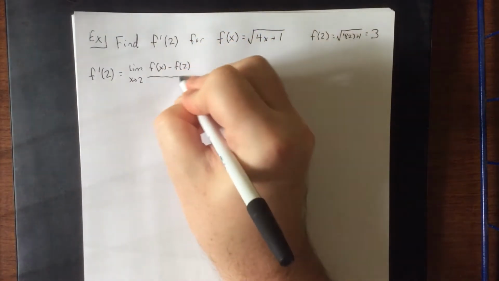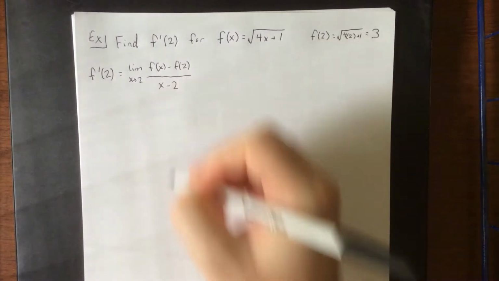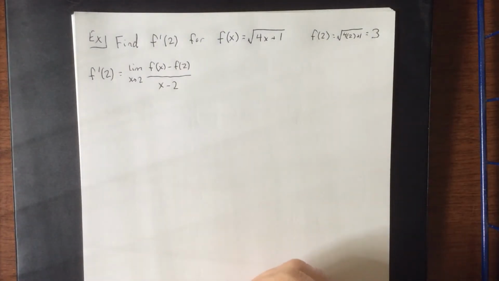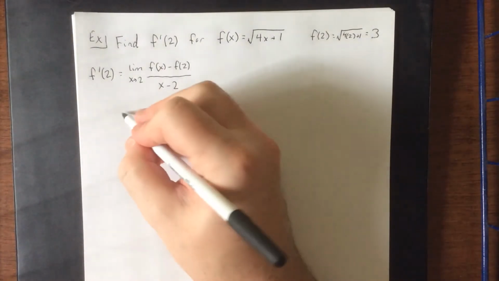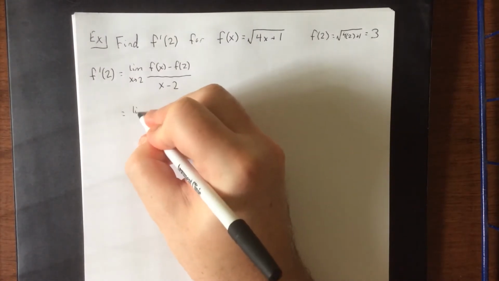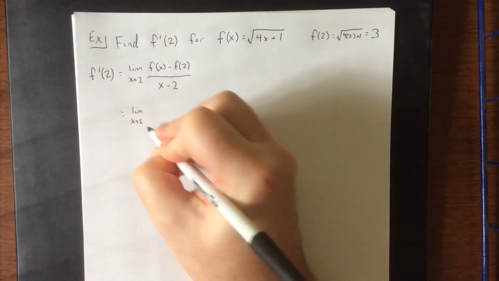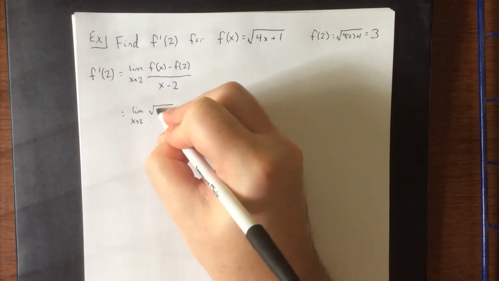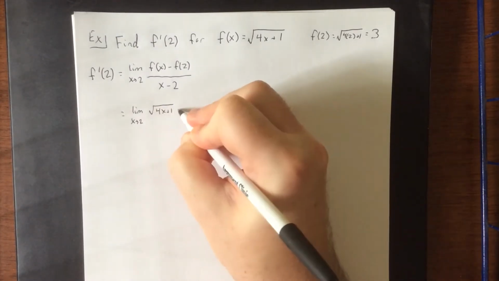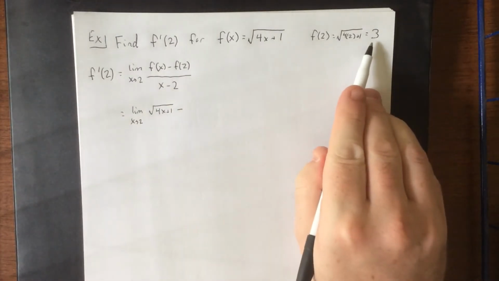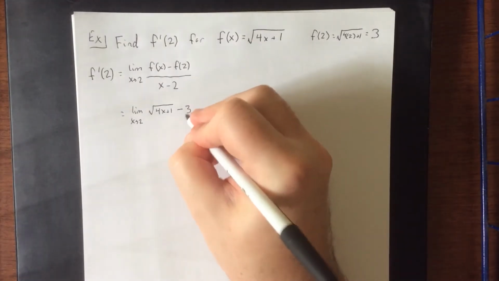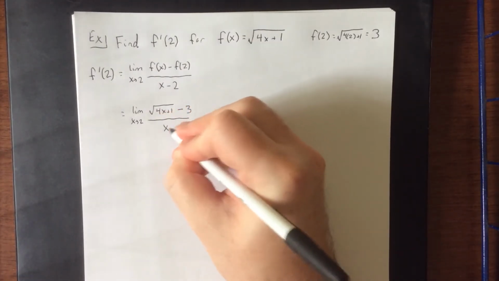So our limit as x approaches 2 of f of x minus f of 2 all over x minus 2, which is going to look like the following. The limit as x approaches 2 of the square root of 4x plus 1 minus f of 2, which we calculated to be 3, all over x minus 2.